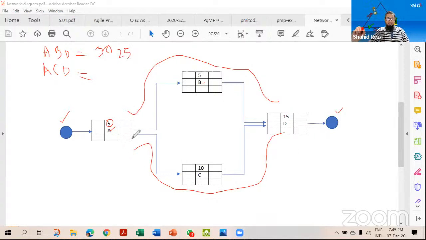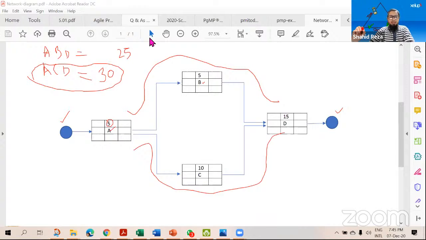And the below one is 30. So this is 25, and let me erase this. From the earlier discussion in the last class, this one is the critical path. The longest path is the critical path.